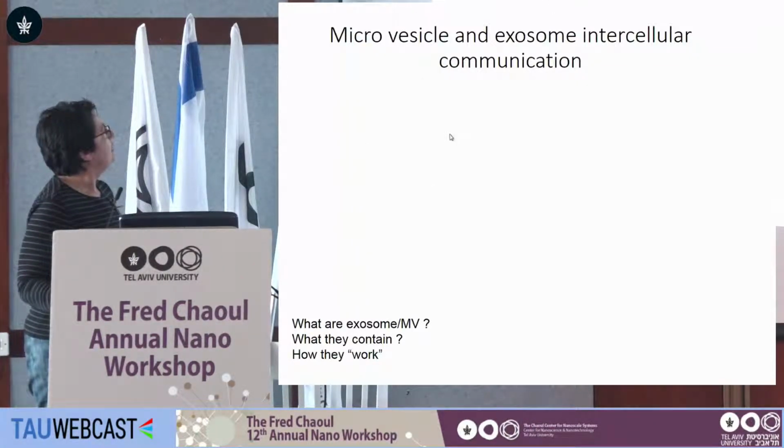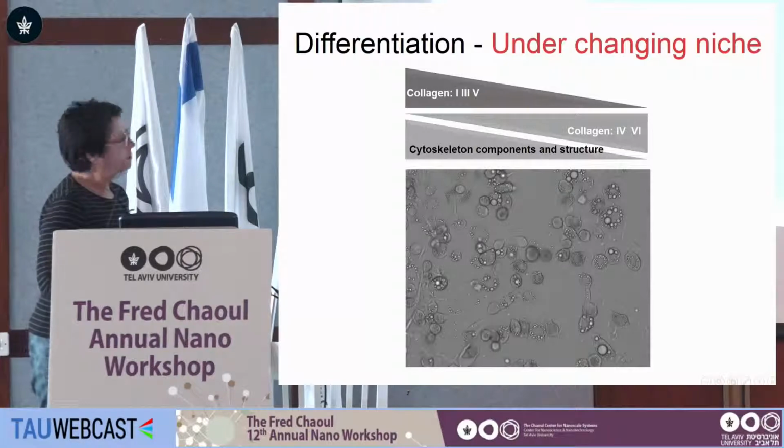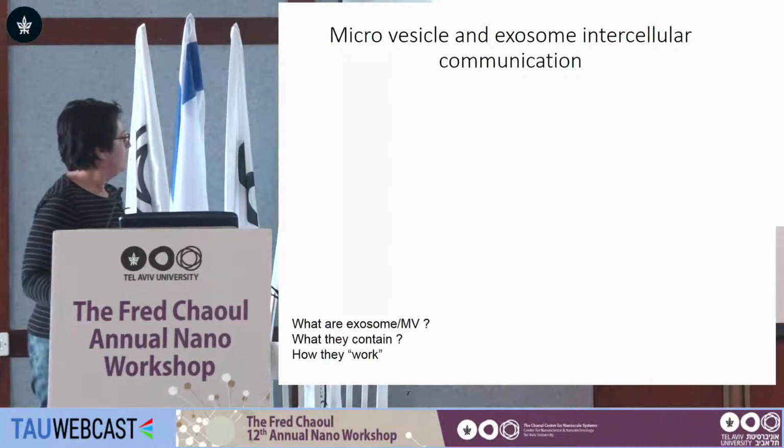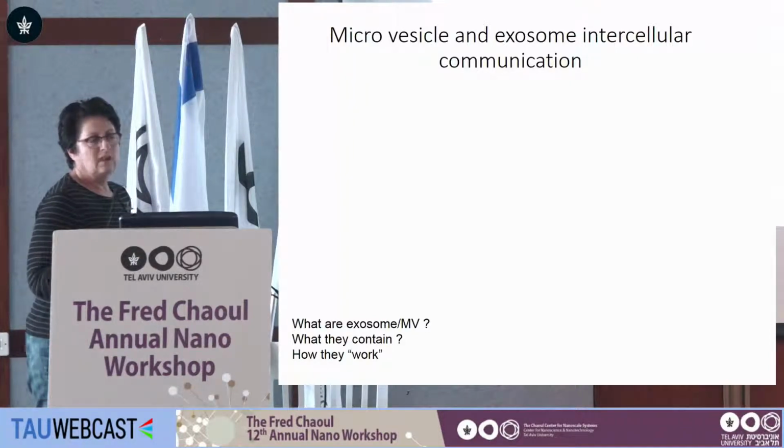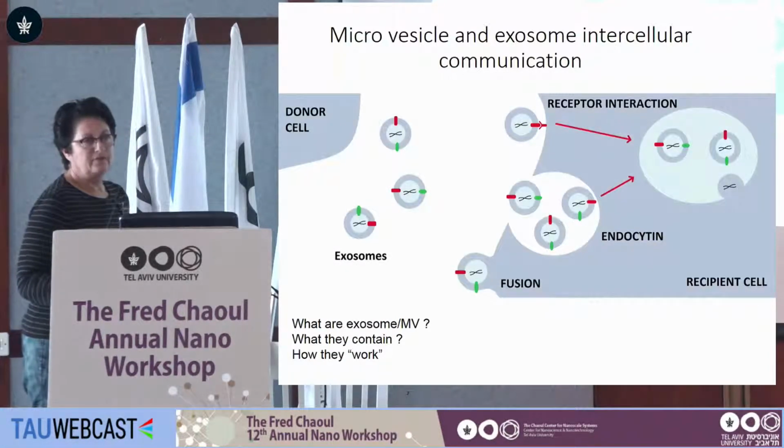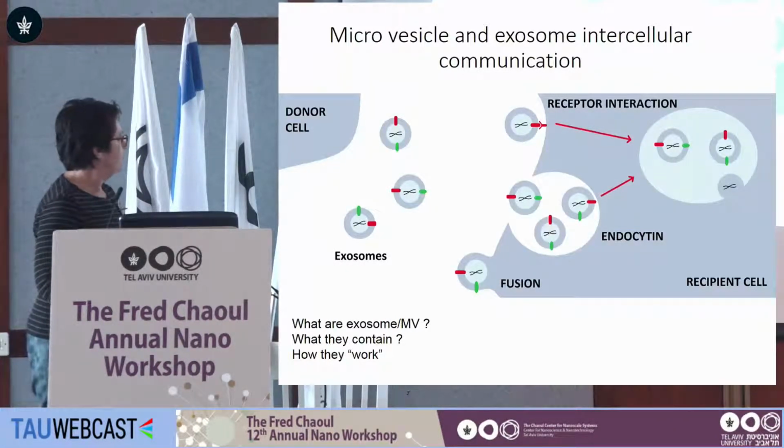So they are communicating by microvesicles or exosomes, and the communication is very important. What are these microvesicles or exosomes that are secreted between the cells, and how are they affecting their fate in differentiation?